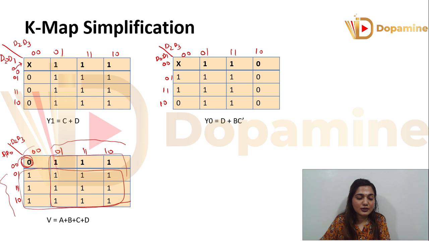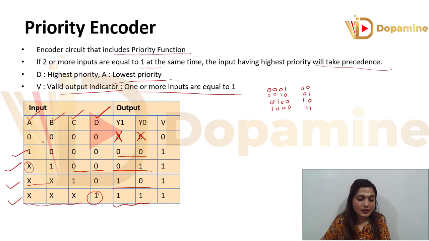Now coming to D0, D1, D2, D3 as 0 0 0 1. So here A represents D0, B D1, C D2, D D3. So basically D0, D1, D2 should be 0 0 0 and D3 is 1.